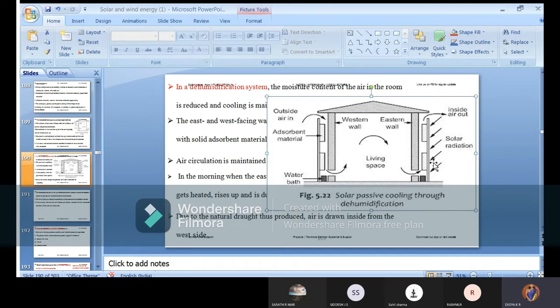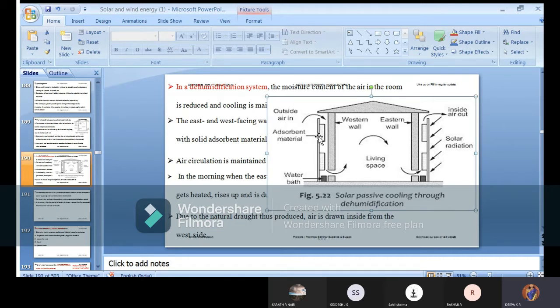From the figure, we are observing how the radiation is falling. The solar radiations are here, and we are giving a small space for the movement of this moist air. Inside air out means whatever air is present in the living area, you are taking it out on the same portion where your solar radiation is present. Next, outside air in means this is atmospheric air, which you are taking into the living area.